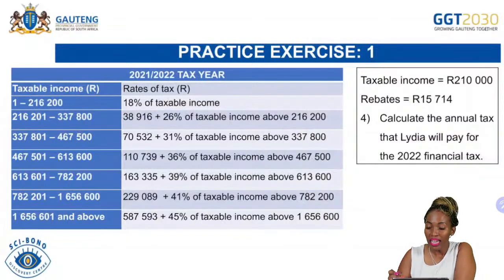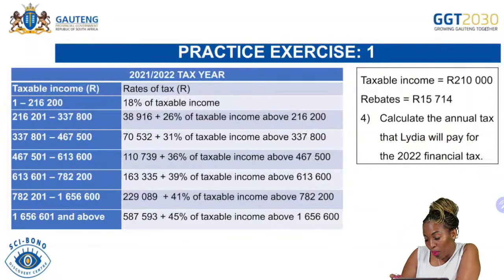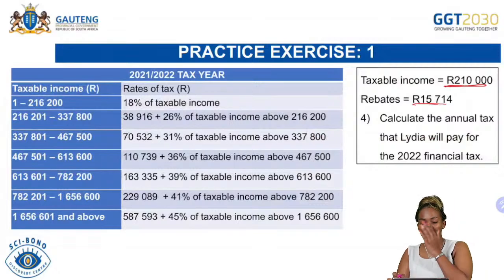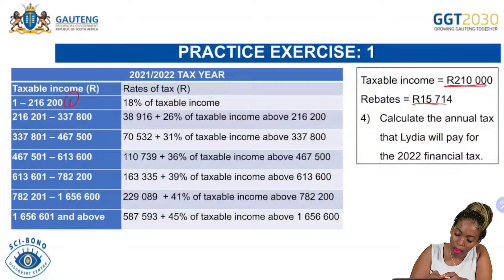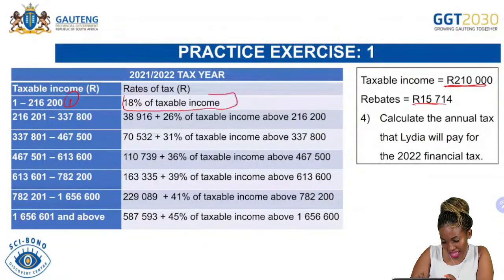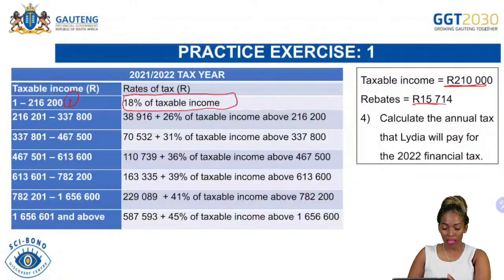Number 4, calculate the annual tax that Lydia will pay for the 2022 financial year. Remember, we already have a taxable income. We've already established the tax rebate that she will receive, and we've already decided that she will fall under bracket number 1. Now, what is the formula on bracket number 1? It is 18% of the taxable income.